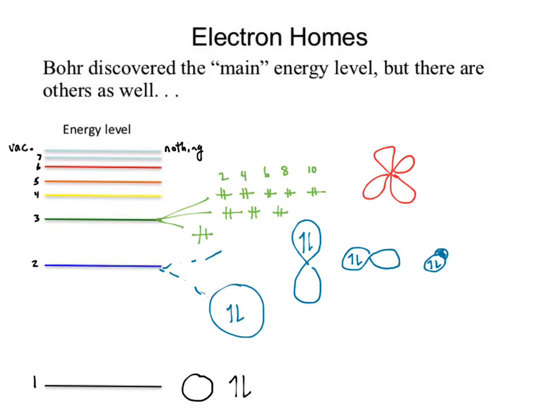When we move to the next one, the 4th energy level, what's going to happen? I'm going to get another new type. Where's the new section on the periodic table that we haven't addressed yet? The bottom 2 rows are their own separate section.